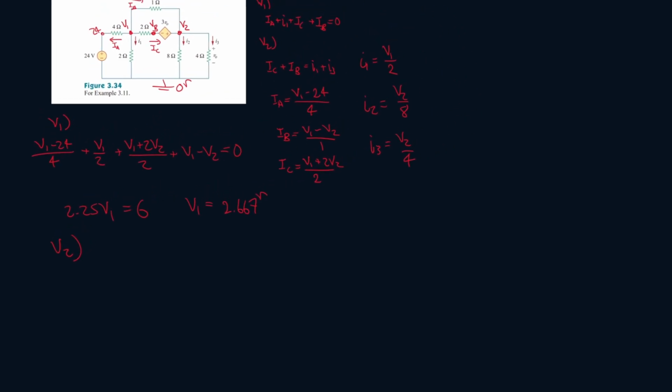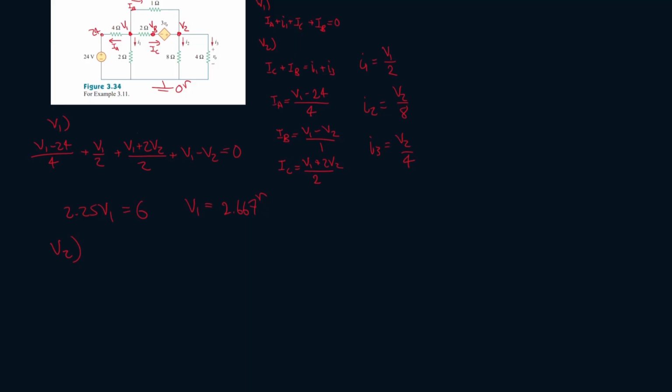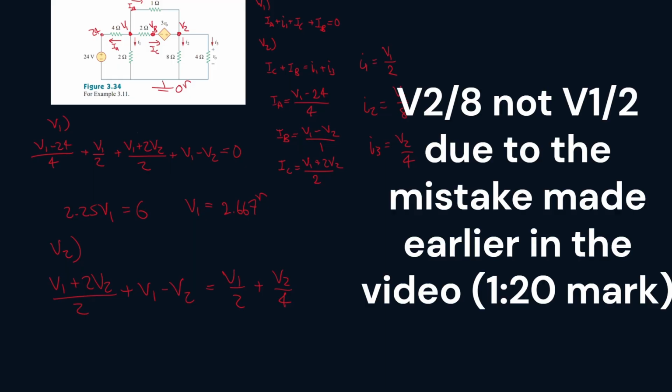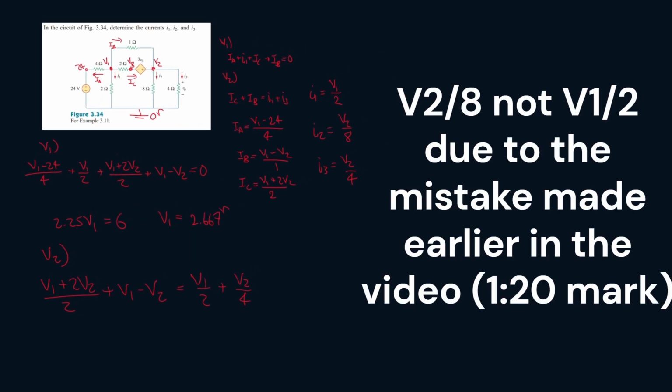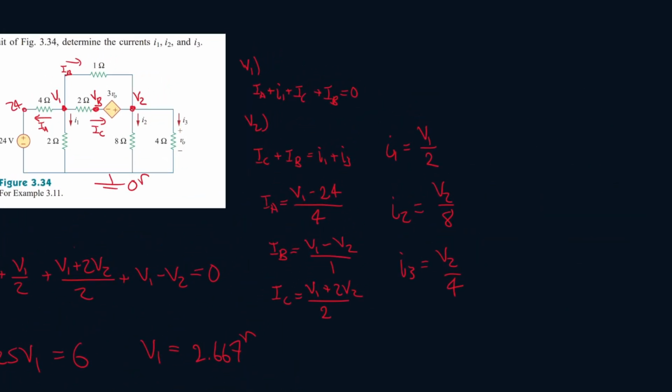Now let's do V2. The new equation for V2, so IC, that's V1 plus 2 V2 over 2 plus IB, which is V1 minus V2, and that's all equal to I1, which is V1 over 2, plus I3, which is V2 over 4. Now, hold on a minute. I made a mistake. This is supposed to be I2, not I1.